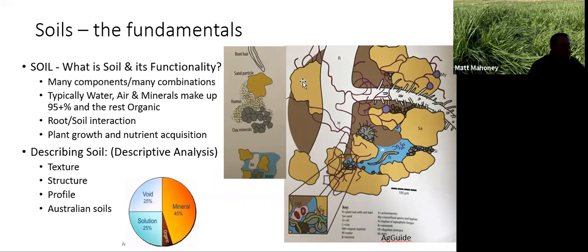We've got a sand particle here, and just to appreciate the size of these particles, we've got your humus and clay minerals. Over here, we've got a void and some water in there, and we've got a nematode.